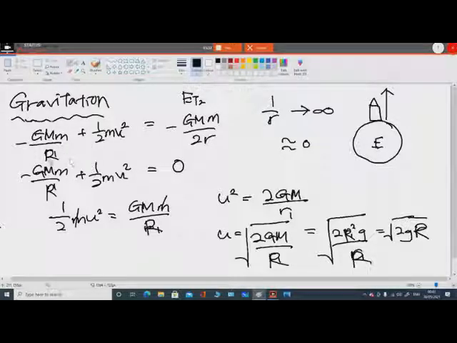The final distance is no more the radius of the Earth, it is the distance at infinity. I hope you can understand clearly. So our final answer for the escape velocity, which is equal to u, is the square root of 2gR.